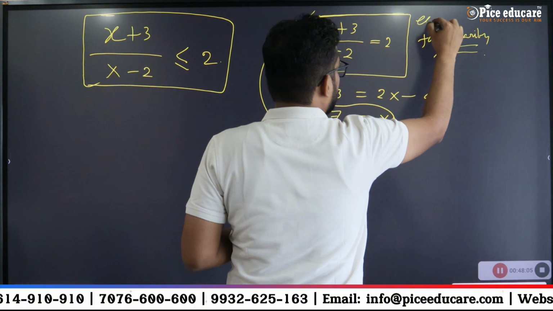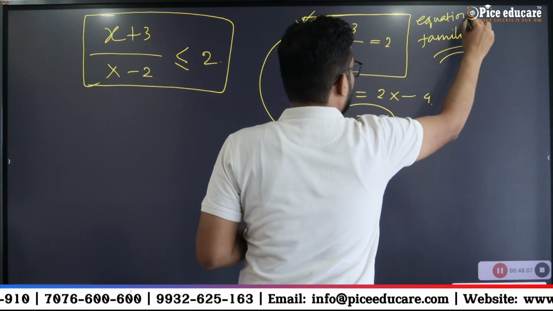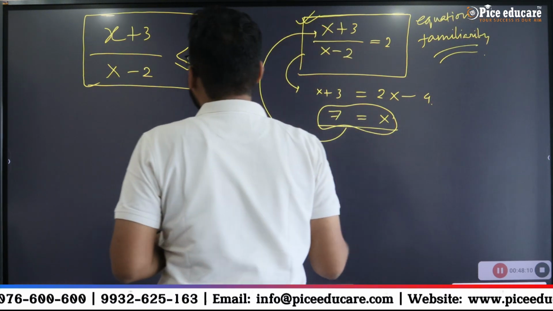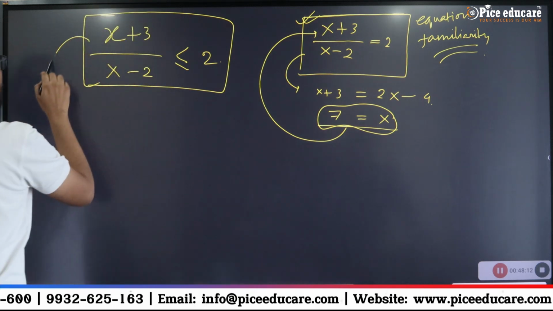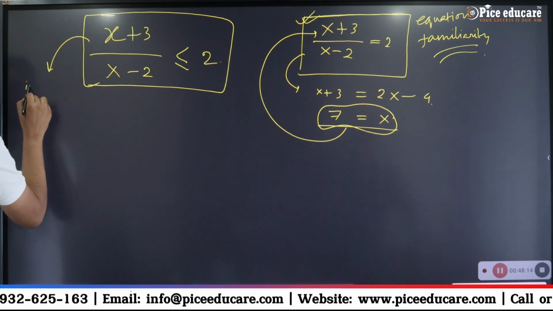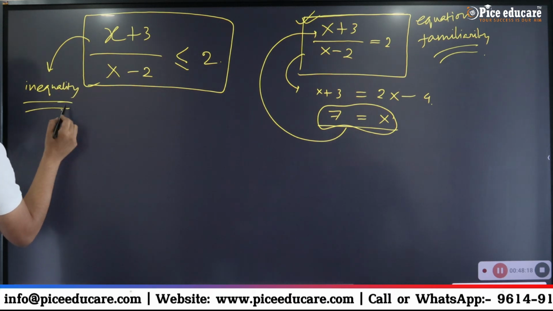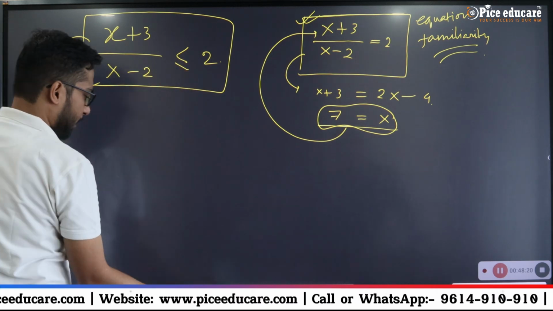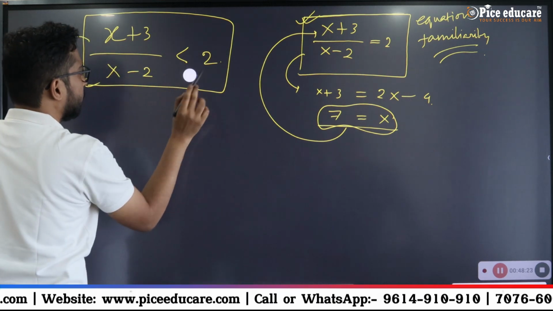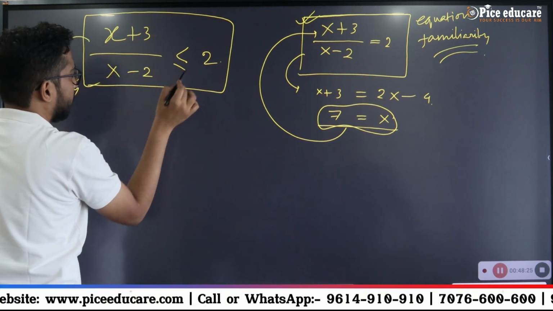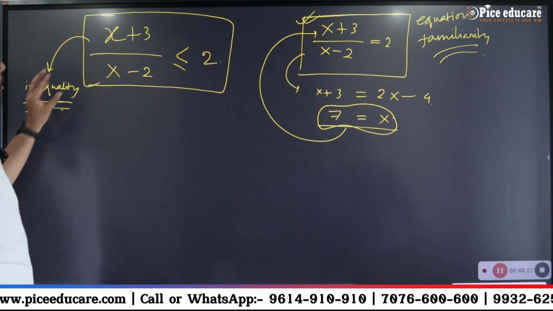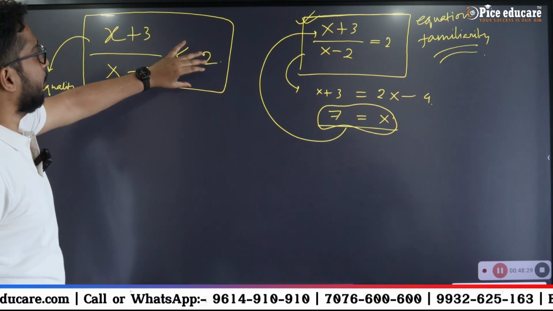So this is an equation, or equality. This is something that we call an inequality, because it is either this or this. It may be equal or it may not be equal.